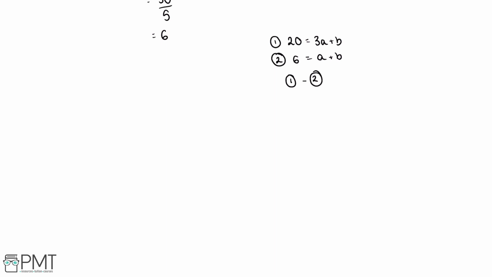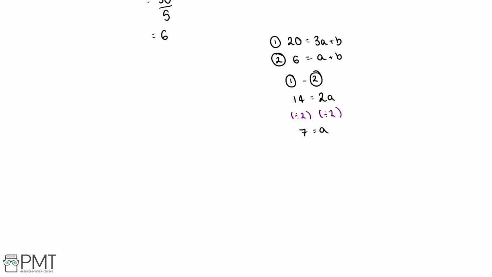So 20 minus 6 gives us 14. 3a minus a gives us 2a. And then b minus b gives us 0. And then if we divide both sides by 2, this tells us that a is equal to 7.